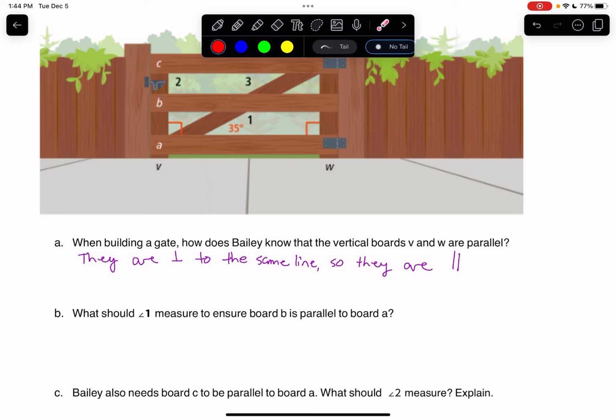Well, if board B needs to be parallel to board A, the same side interior angles need to be supplementary. So it would be 180 minus 35, and it would be 135 degrees by the converse of the same side interior angles theorem.